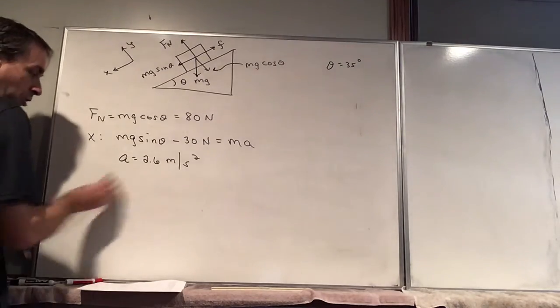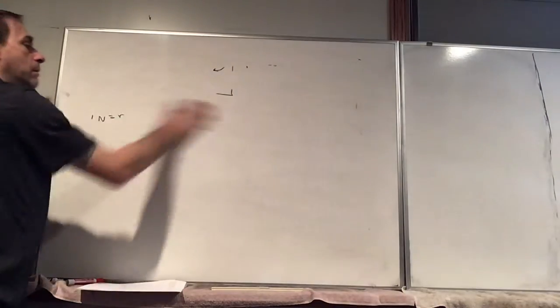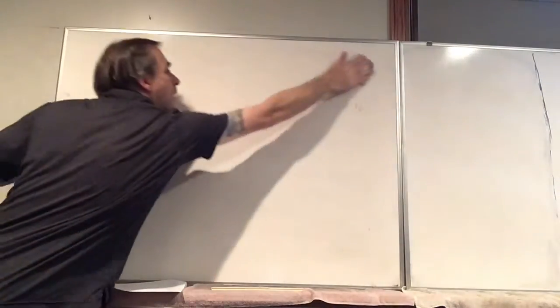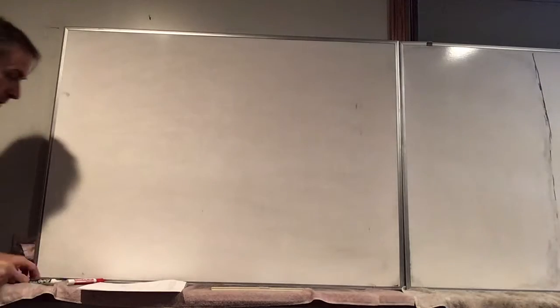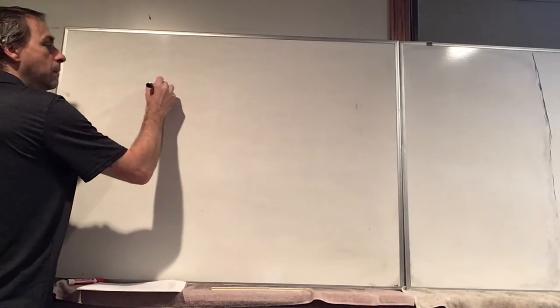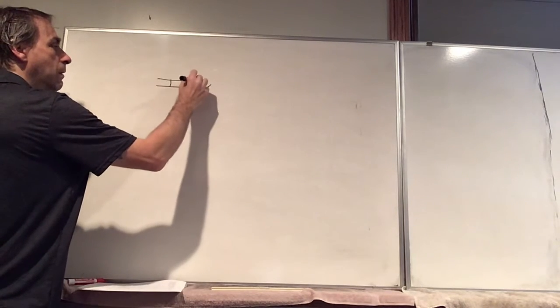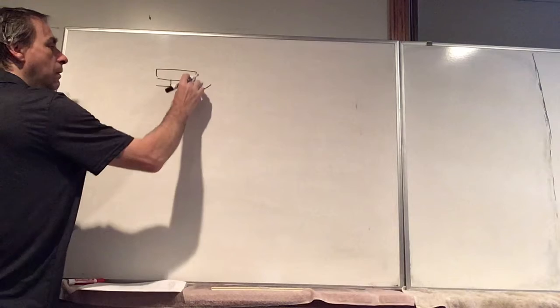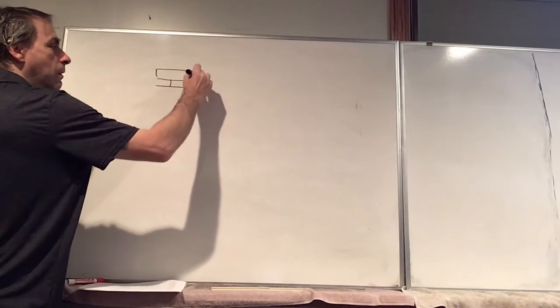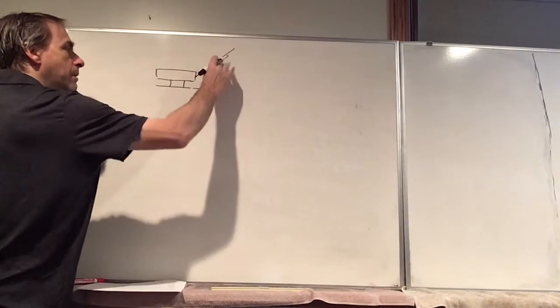All right, so problem 8. A boy pulls a sled with a rope that makes an angle of 60 degrees.